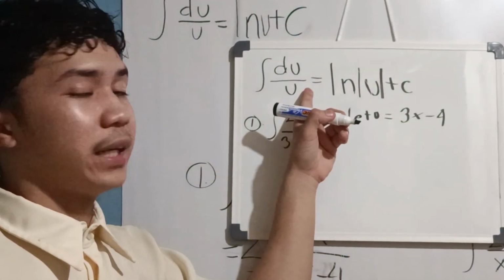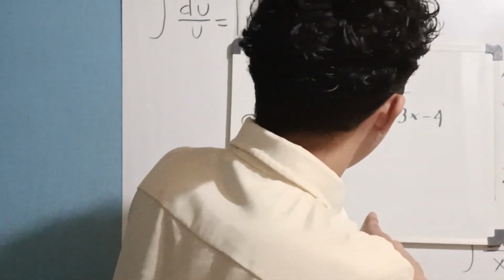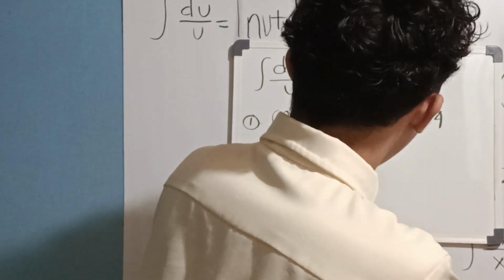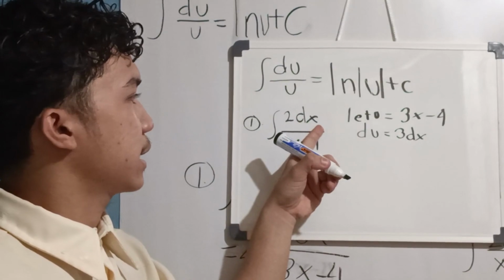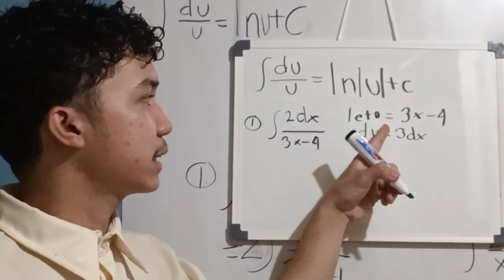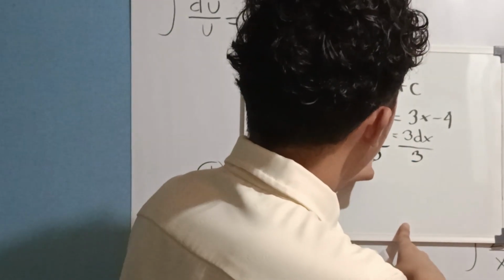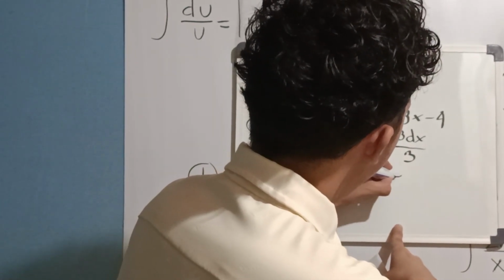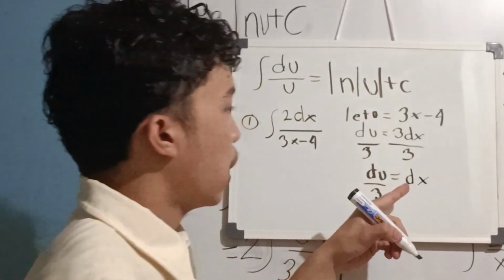Now that we have the u, let's get the derivative of u. So, du is equal to 3 dx. And since we're getting the value of du, let's divide it by 3. So du over 3 is equal to dx.